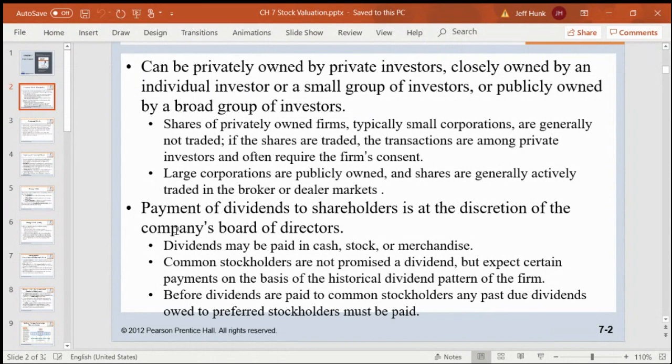Now remember, the original 10 million is called paid-in capital because it's literally paid in by the original shareholders, as opposed to this $1 million, the equity generated by the operating activity, right?